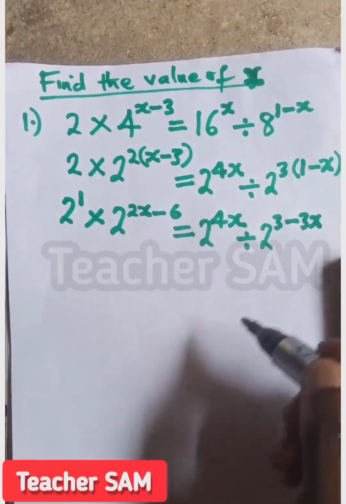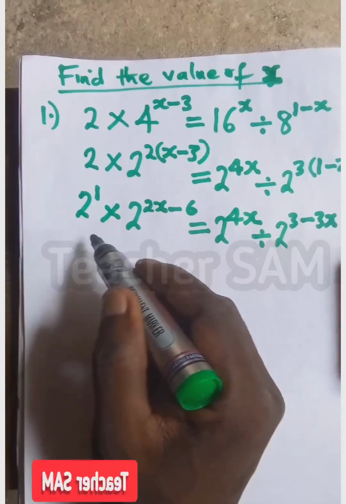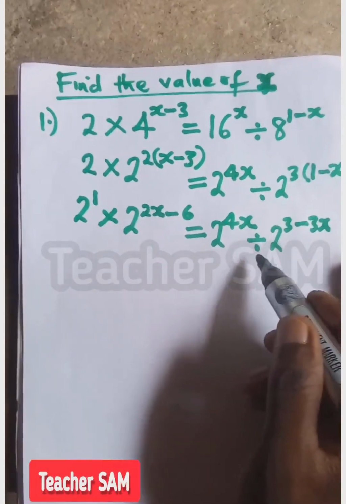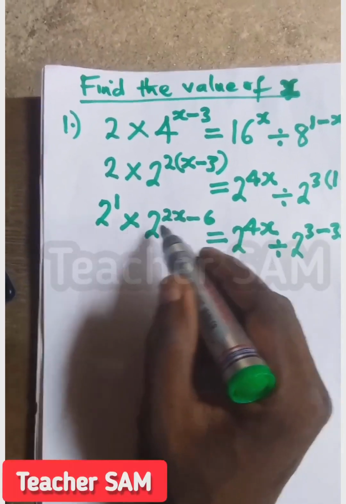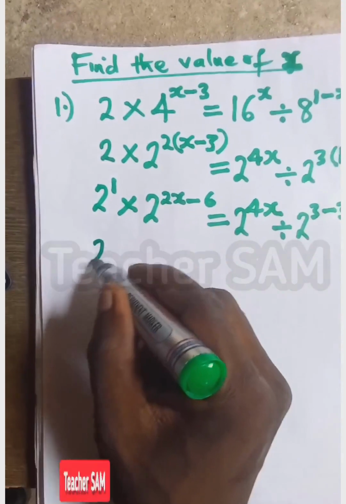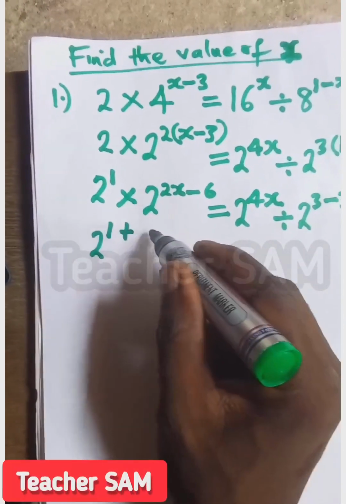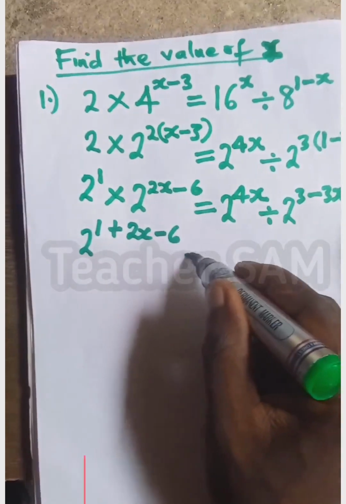Now, let's apply the law of indices. Don't forget, whenever we multiply numbers having the same base with power, we add their powers. When we are dividing them, we subtract their powers. So in this case, we are multiplying, so we are going to add the powers. This will now be 2, pick one of the bases, 2 raised to the power 1 plus 2x minus 6 equals to.